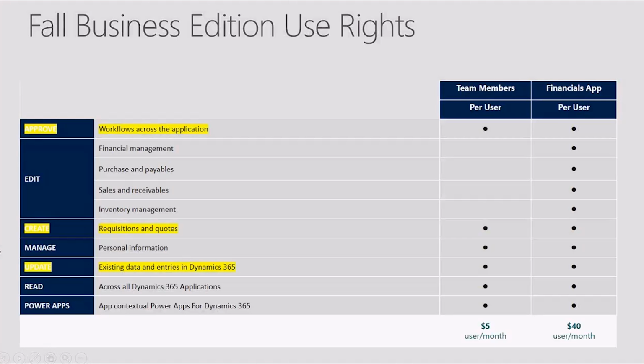So if we look at the differences between a team member and a full user, we can see that a team member can also update existing data in Dynamics 365. Basically the idea is that if you sell Dynamics 365 to any organization, all the people in that organization are team members, and only the heavier users will buy a $40 license.